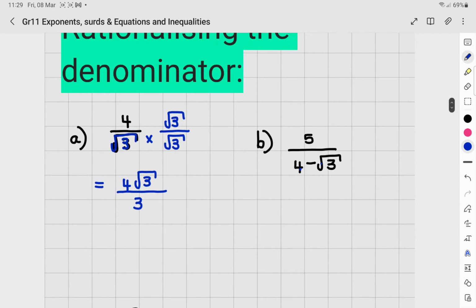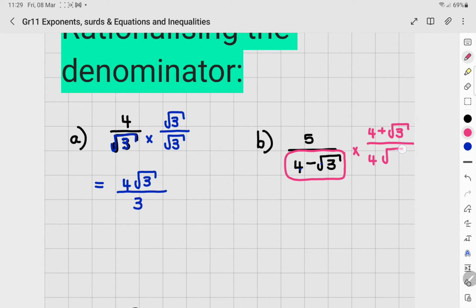Okay, so now when we've got 2 terms as our denominator, we want to times with the inverse sign that we have over there. So we're going to take our denominator, we're going to write it exactly like that, but instead of the minus, we're going to write a plus.